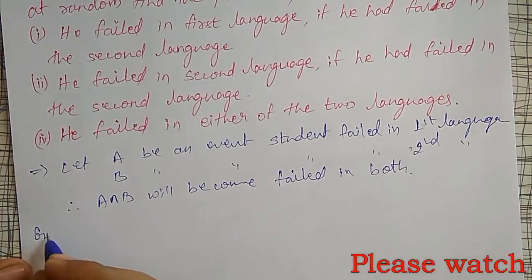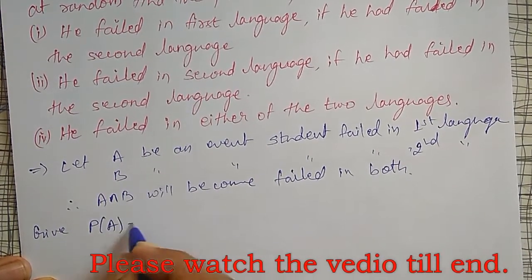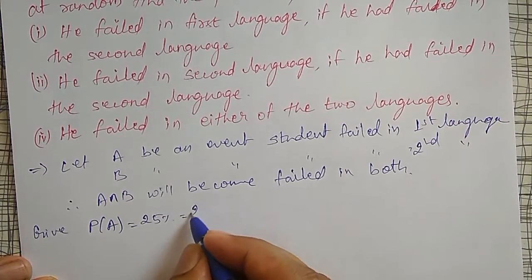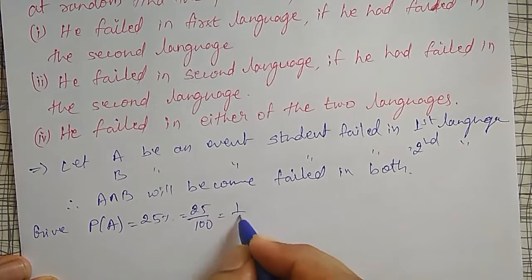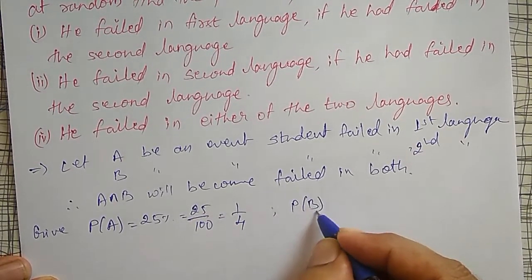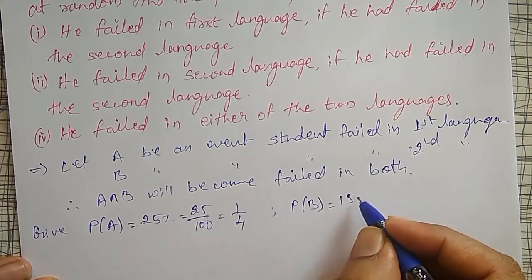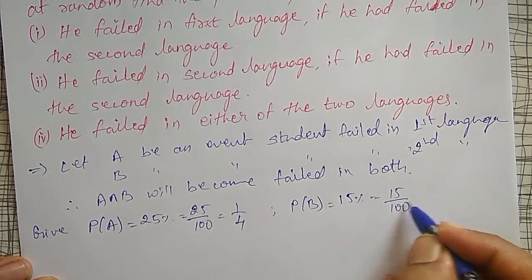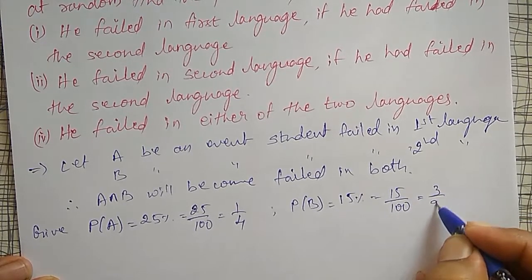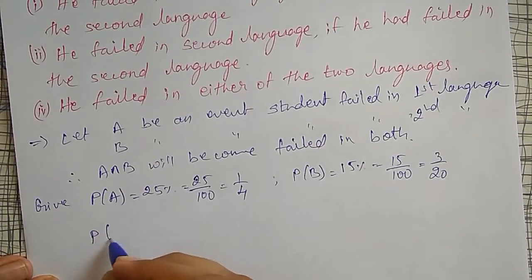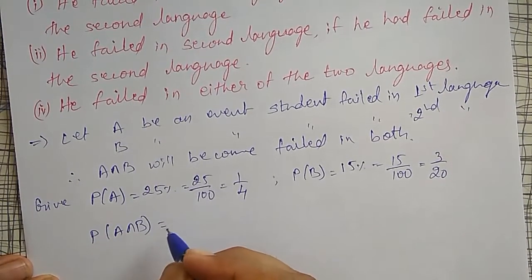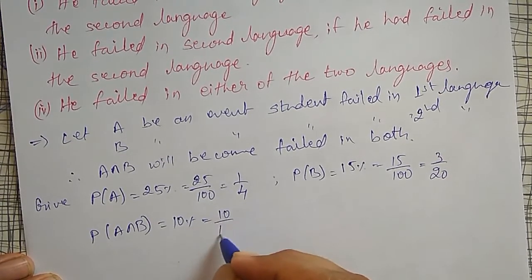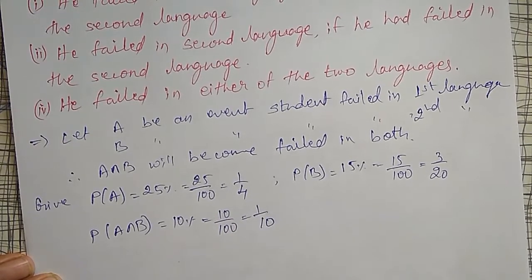Therefore, given probability of A, they are given 25%, which is 25 divided by 100 or 1 by 4. Probability of B, they are given 15%, 15 divided by 100 or 3 divided by 20. And also probability of A intersection B, they are given 10%, that is 10 divided by 100, 1 by 10.